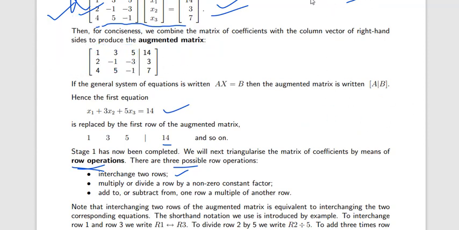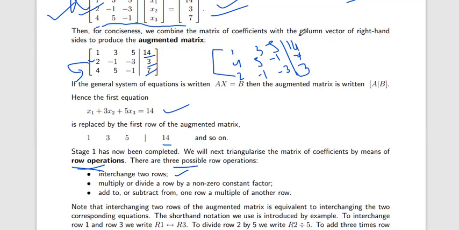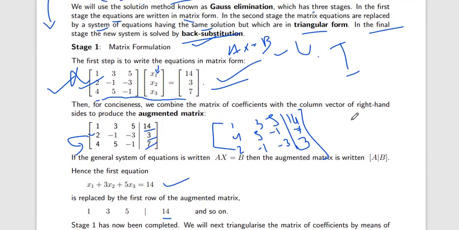Suppose we swap the second row with the third row. So what will we get? 1, 3, 5. Then the third row swapped with the second row, 4, 5, -1. Then 2, -1, -3. On the right hand side we also swap the second and third entries: 14, 7 and 3. Got the idea?